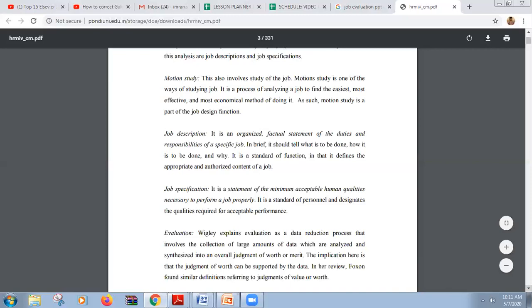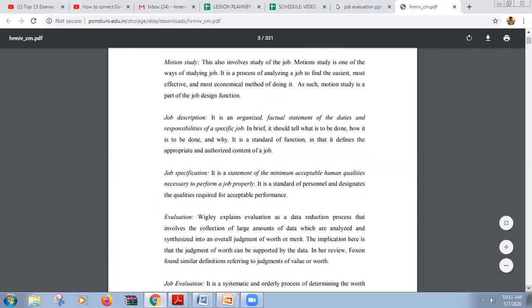Next is evaluation. Evaluation, as I discussed earlier, is the part of micro blocking or micro movement study, breaking the whole job into micro movements and micro segments, and every micro segment is evaluated so that the standard time for performing a particular job can be determined.